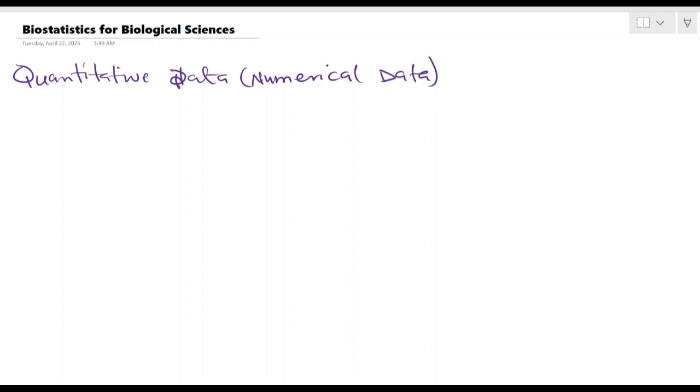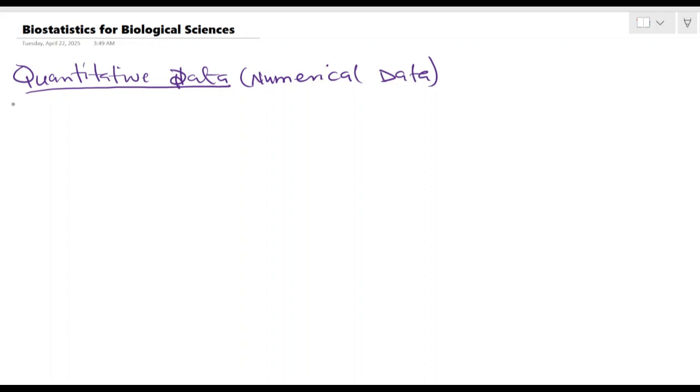That's the emphasis: it can be measured or counted. So when we say quantitative data, what do we actually mean? It refers to data that can be numbered, counted, or measured.